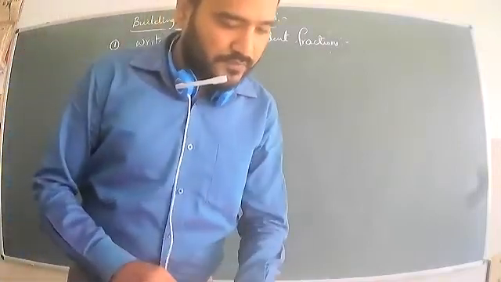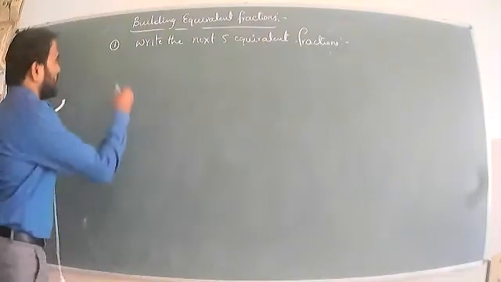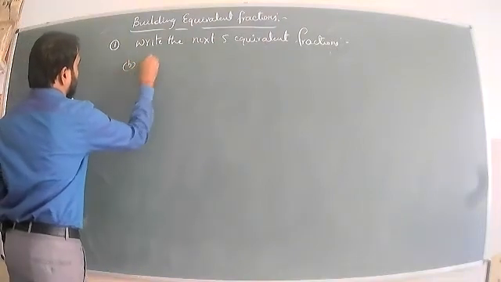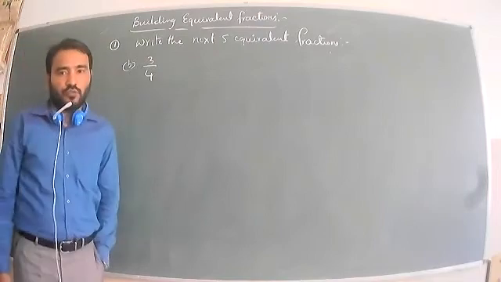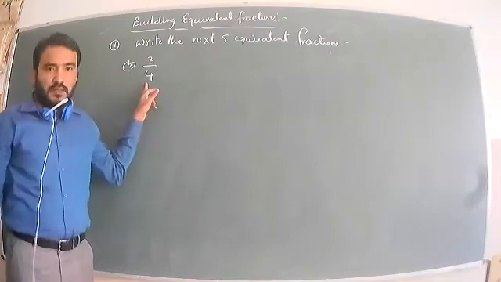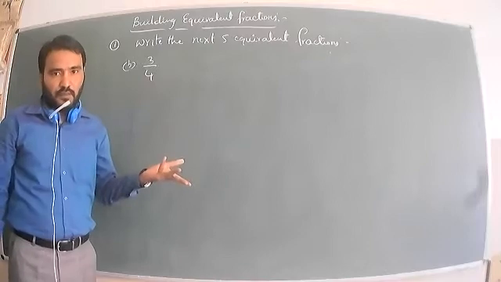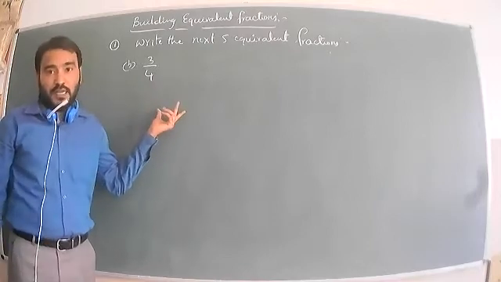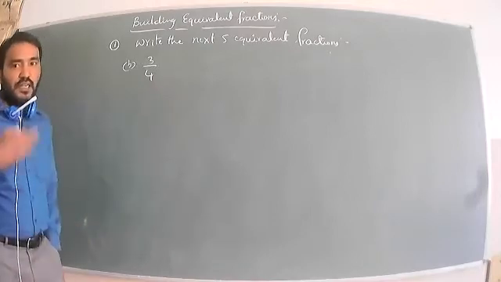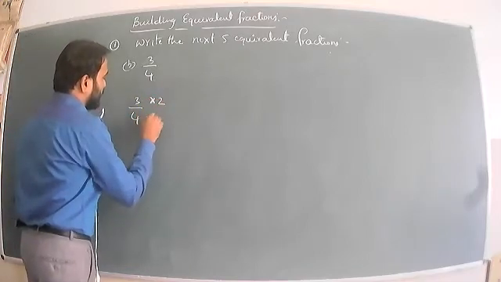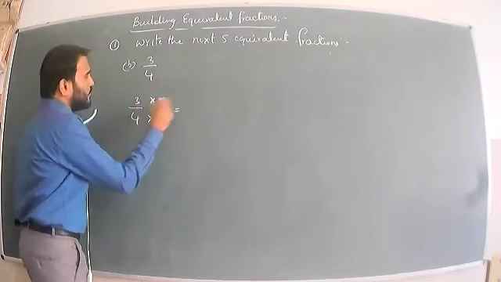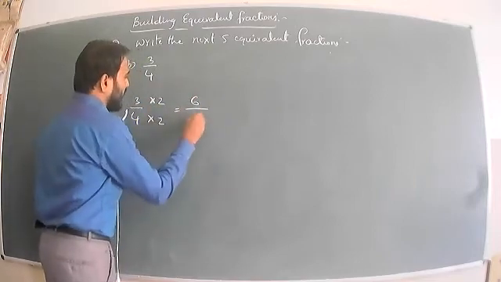For part B, I will take 3 by 4. You have to solve. Multiplying by 1, the answer is the same, you know that already. I will go directly to 2. 3 by 4 multiplied by 2: 3 times 2 is 6, 4 times 2 is 8.